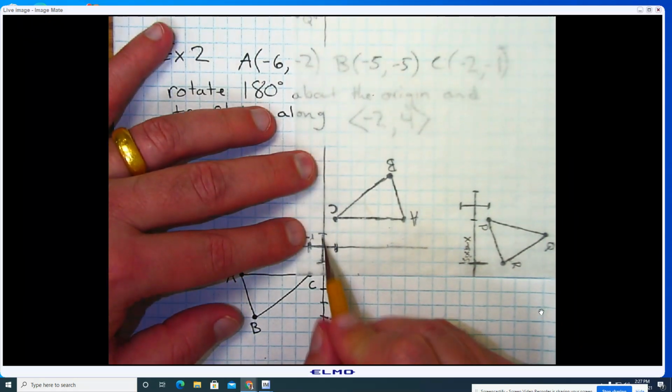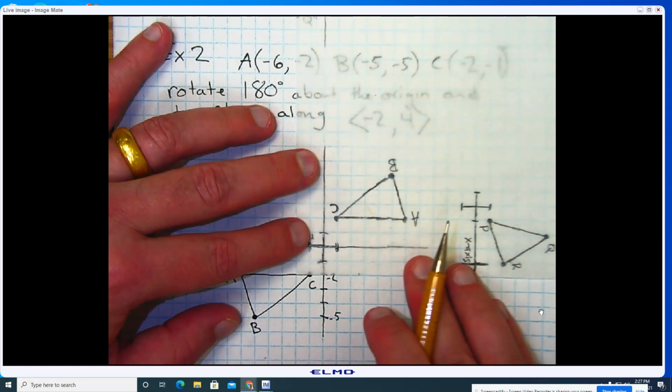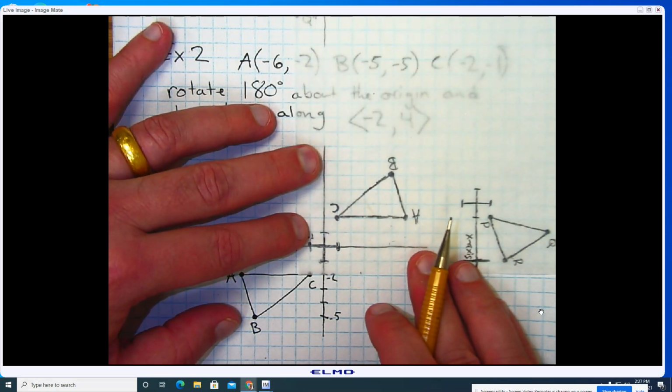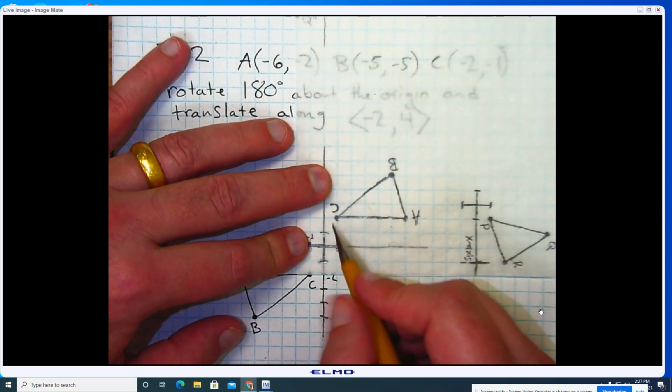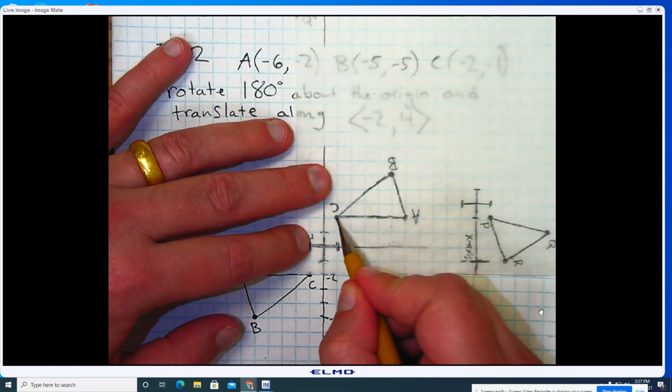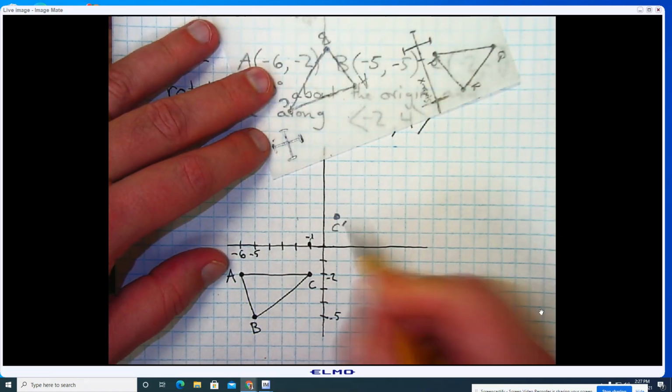Notice my origin is a little bit offline, so I'll line it up. The more accurate you are, the more you'll be able to see where the points land. So this is where our 180 degree rotation lands. Here's our C, so this now becomes C prime.